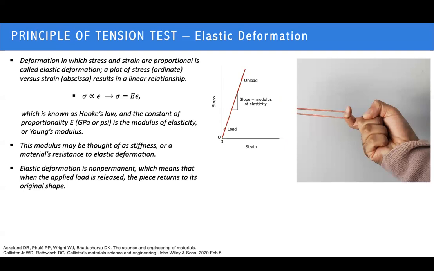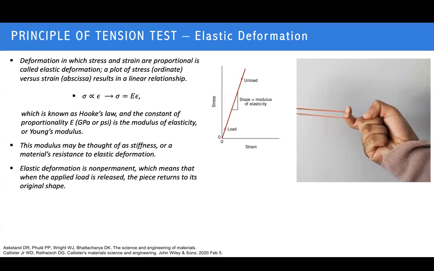By this means we can get the modulus of elasticity, which is the Young's modulus, or the proportionality constant that we call in many different ways. This modulus of elasticity can be thought of as the stiffness of a material, the resistance of the material to elastic deformation.